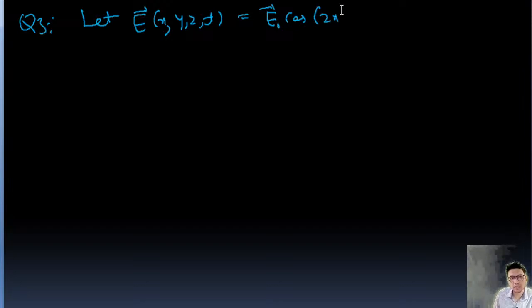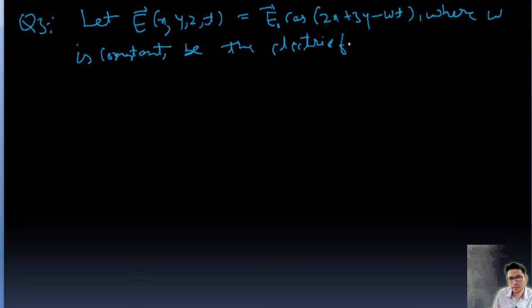Let E, which is the electric field and a function of x, y, z, and t, equal E naught cos(2x plus 3y minus omega t), where omega is a constant, be the electric field of an electromagnetic wave traveling in vacuum.